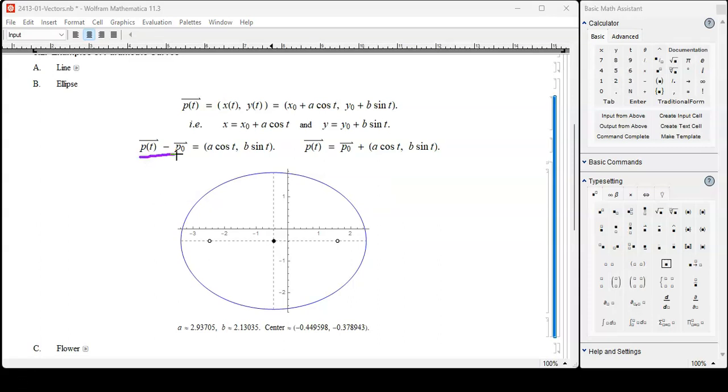So this P of t minus P0 is a vector starting from this P of t, and that's going to move around like this. And then the trace will turn out to be an ellipse.